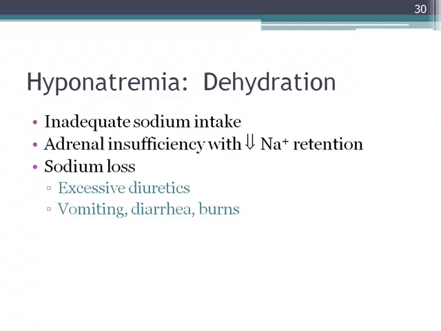Adrenal insufficiency, where you're not retaining sodium because your aldosterone is not working as well. Or if you're losing sodium because we're giving too many diuretics, or fluid losses that contain a lot of sodium. Any of those things can make us have a lower osmolality, so our bloodstream is more dilute, but it's not dilute because we added water, it's dilute because we lost sodium.